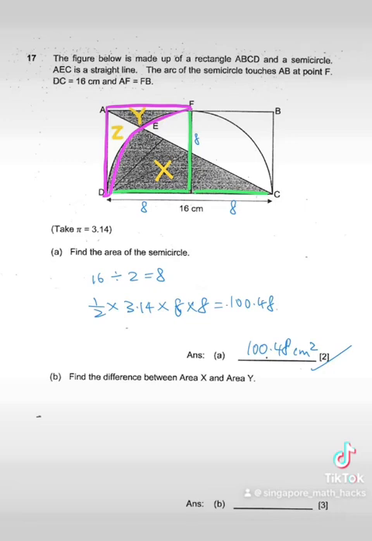The other thing we take note of is this yellow part is a triangle, which consists of x plus z.